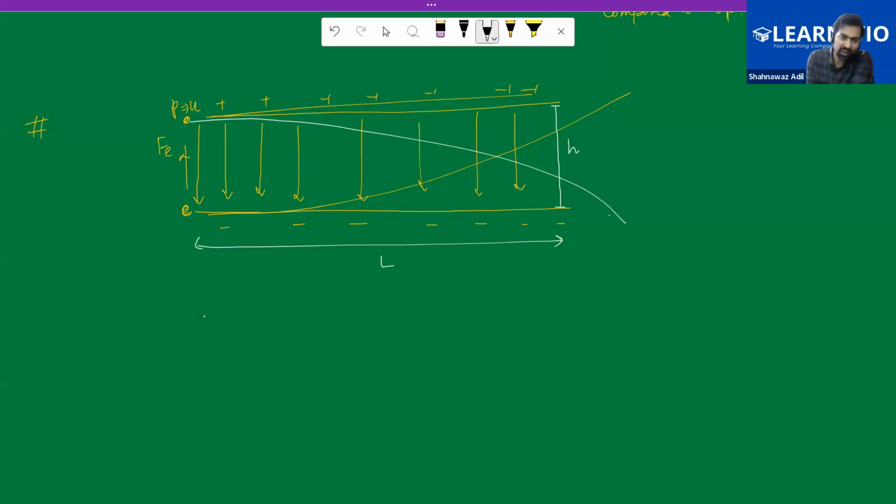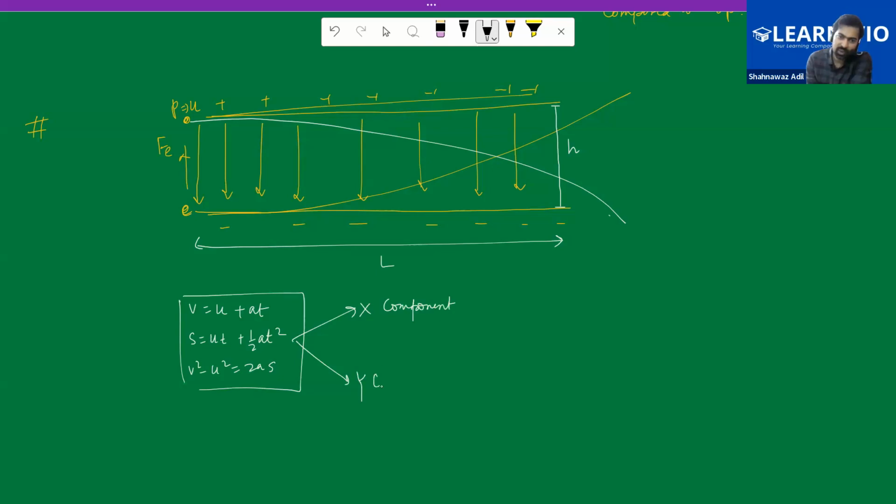So you will have all these three equations: V equal to U plus AT, and S equal to UT plus half AT square, and then V square minus U square is 2AS. But you will have two components. One would be the X component and the other one would be the Y component.